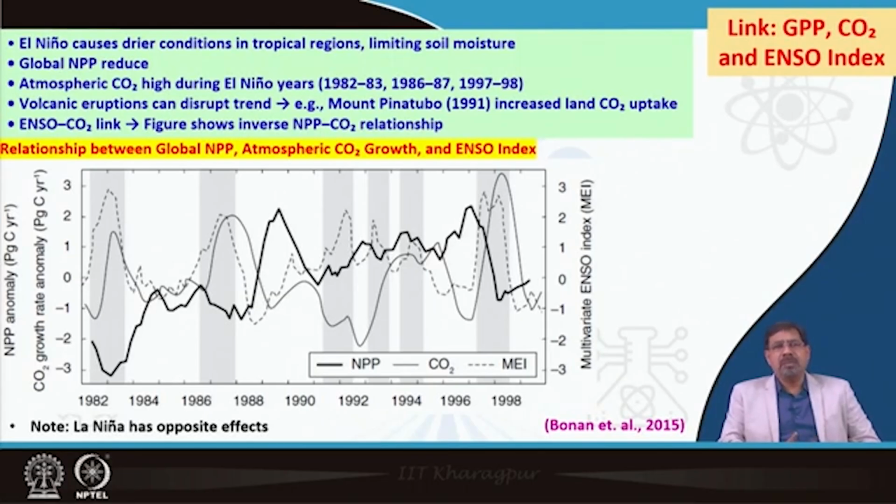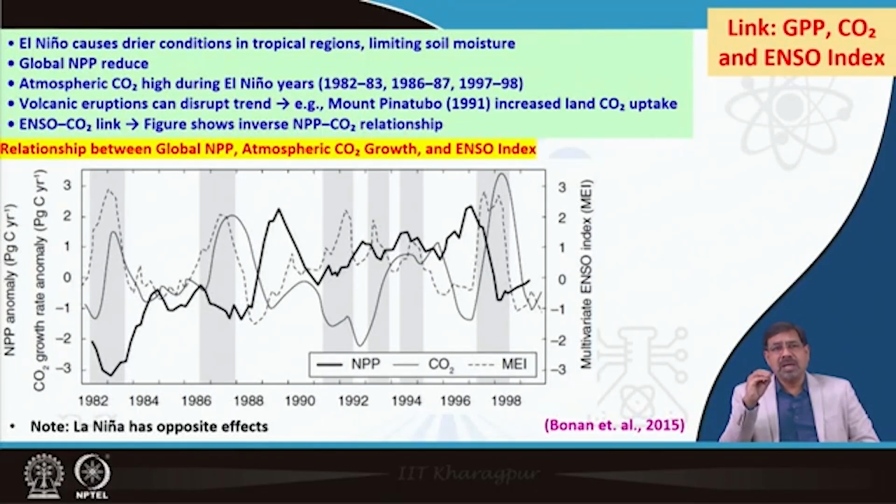So, regarding the ENSO carbon dioxide link, the figure shows a kind of inverse NPP and carbon dioxide relationship at places. We need to understand more and more to unravel or really study the tripartite relationship between these three variables.